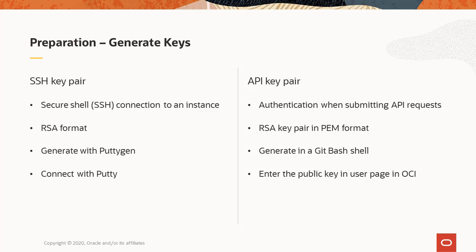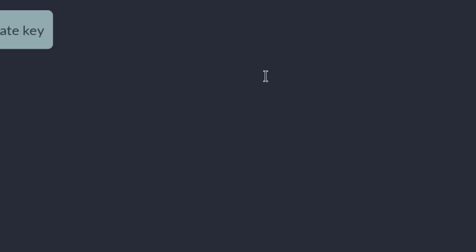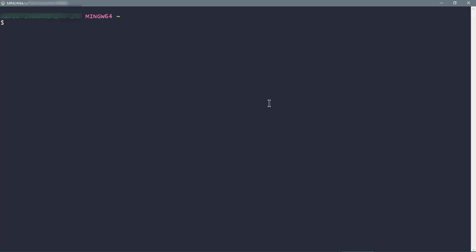Git bash lets you run bash commands on a Windows operating system. You will enter the public API key on the page for the user in the OCI console. We previously created a directory to hold the keys, so we go to the directory and create the private key with an OpenSSL command.